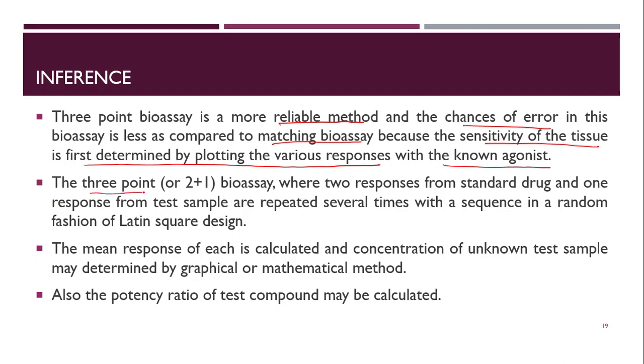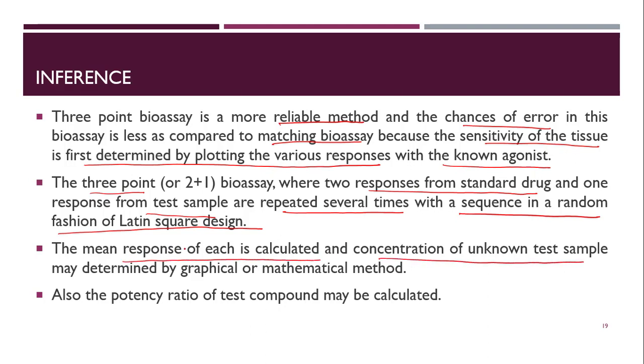So in the 3-point bioassay, 2 responses from the standard drug and 1 response from the test sample are repeated several times in a random sequence of Latin square design. The mean response of each is calculated, and the concentration of the unknown test sample may be determined by graphical or mathematical method.